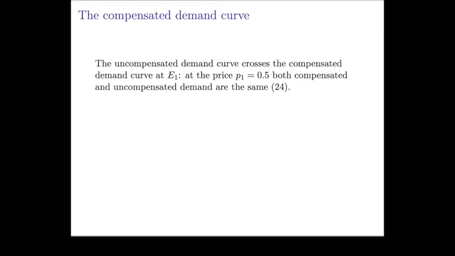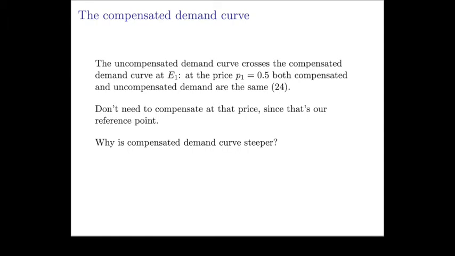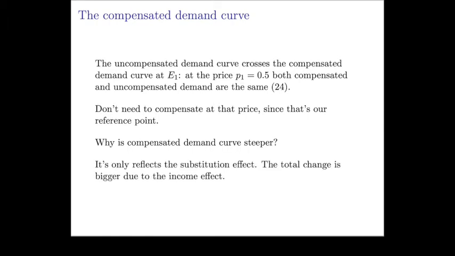Like I said on the previous slide, the uncompensated demand curve is going to cross the compensated demand curve at the original bundle E1, because we don't have to compensate the consumer to get to the original indifference curve at that point. And we've also seen that the compensated demand curve is steeper because this is a normal good, and the compensated demand only reflects substitution and not income effect.